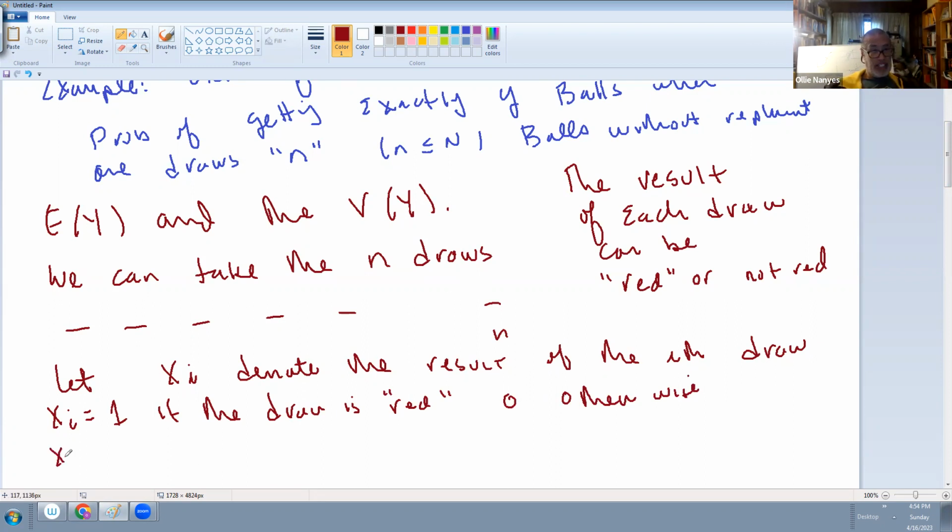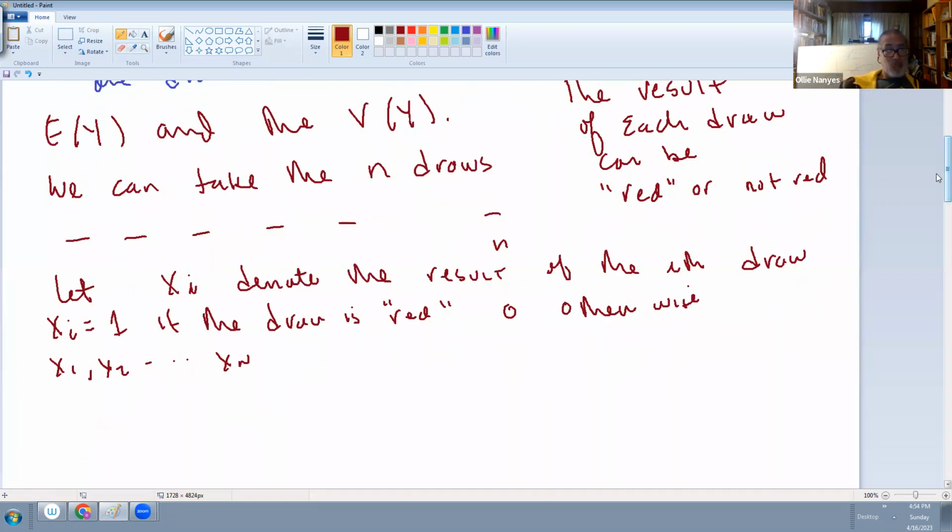So you've defined x1, x2, all the way out to x sub n. This is sometimes called a Bernoulli process. And then Y will be the sum from i equals 1 to small n, the number drawn, of xi.